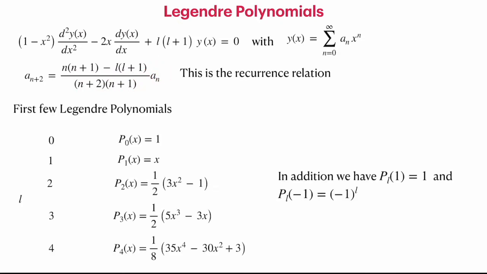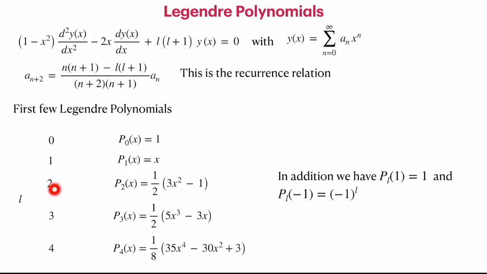From this recurrence relation, we can see the first few Legendre polynomials. It becomes a polynomial because the recurrence relation terminates when n is equal to L. So the solution becomes a simple polynomial, and we call them Legendre polynomials. For L equal to 0, P0 is equal to 1. For L equal to 1, P1 is equal to x.